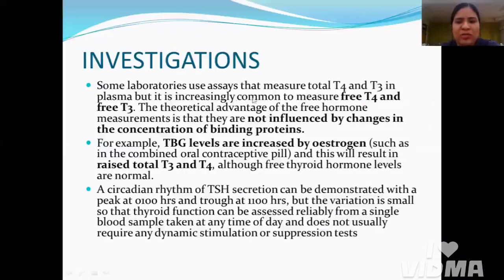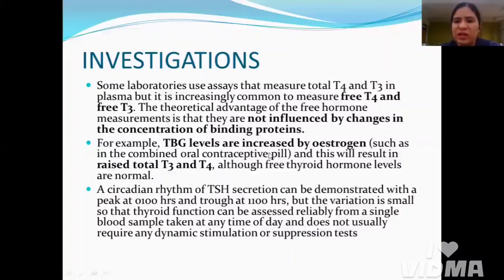The theoretical advantage of free hormone is that they are not influenced by changes in the concentration of the binding protein. So the main benefit of measuring only free T4 and T3 is that they do not get changed by the increase and decrease of the TBG. TBG levels can be increased by estrogen, such as oral contraceptive pills.